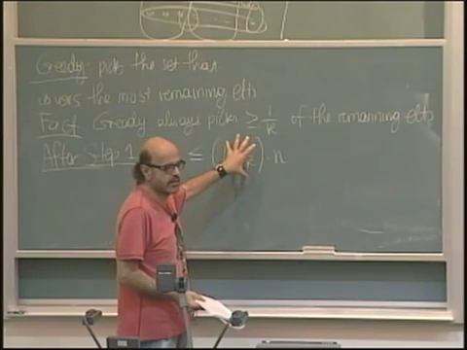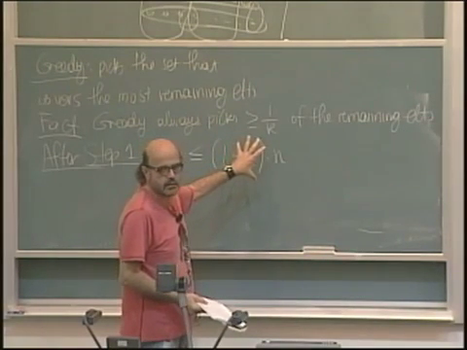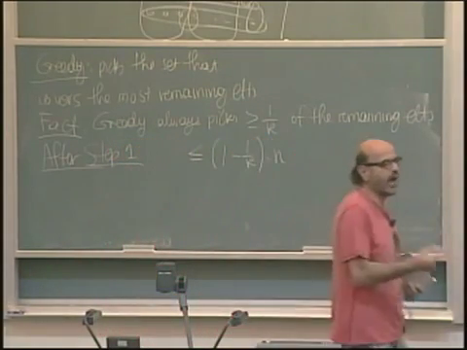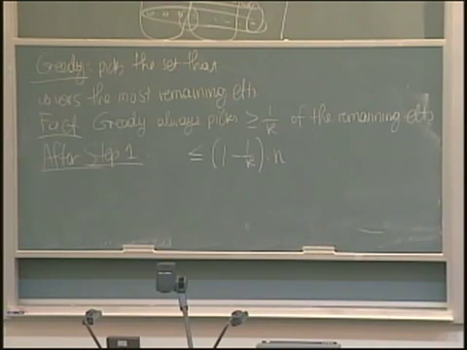Is everybody following? Questions? After step 1. But why? Why is it that the greedy always picks at least 1 over k of the remaining elements? Remember, the greedy will always pick the set that covers the most elements right now, okay? The most remaining elements. Now let's remember the following important fact, that there is a solution that uses k sets.